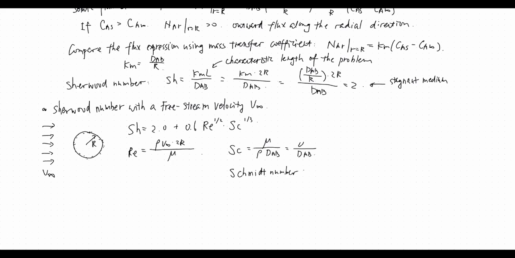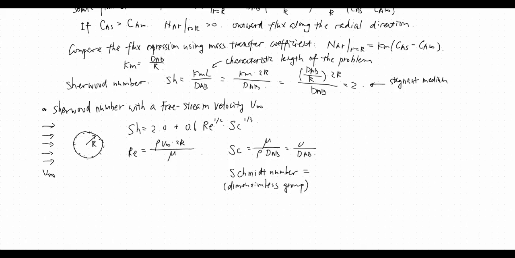Now, again, whenever you have a dimensionless group, look at the numerator, look at the denominator, and figure out the physical significance of this Schmidt number.